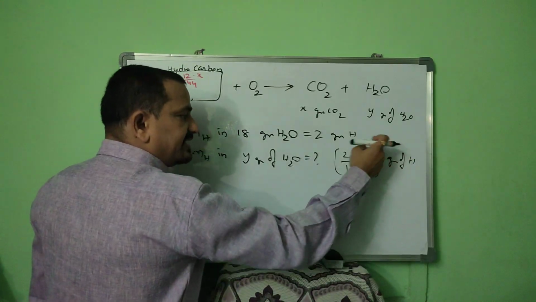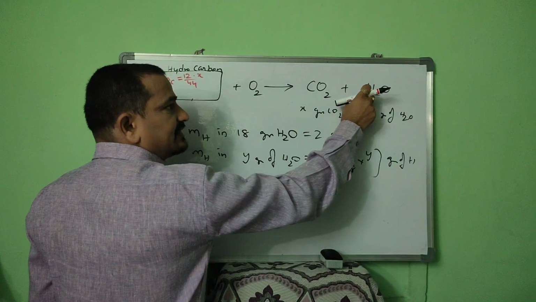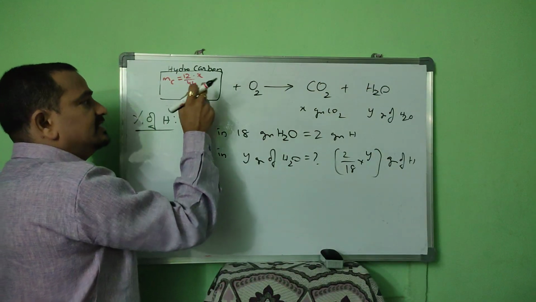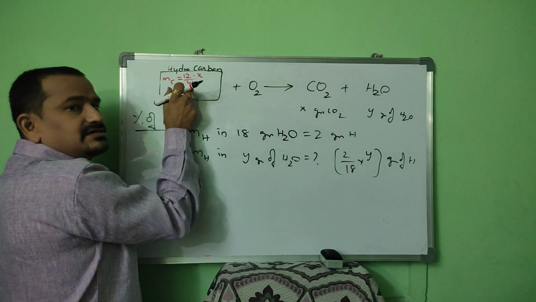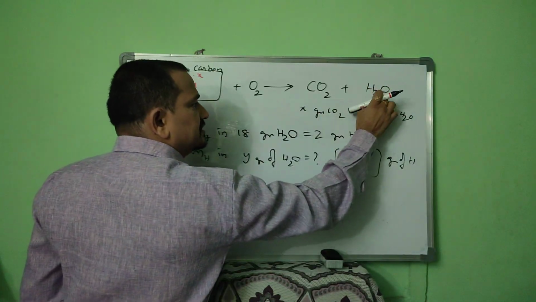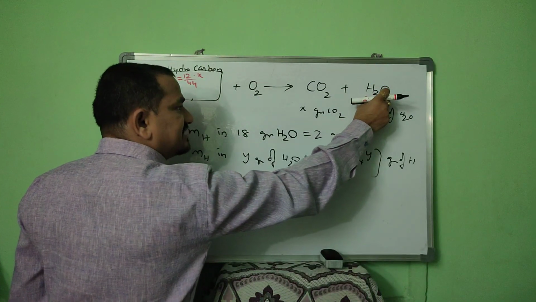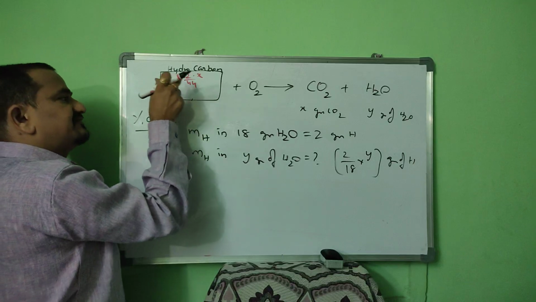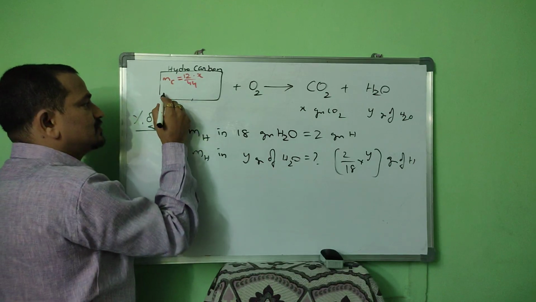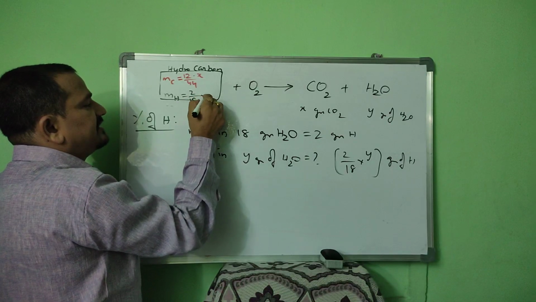Thus we determined the mass of hydrogen present in water vapor. Where did we get these hydrogens from? From the hydrocarbon only. The total hydrogen is obtained in the form of water vapor, so the mass of hydrogen present here is the mass of hydrogen that was carried from the hydrocarbon. So we determined the mass of hydrogen as 2 out of 18 into y.